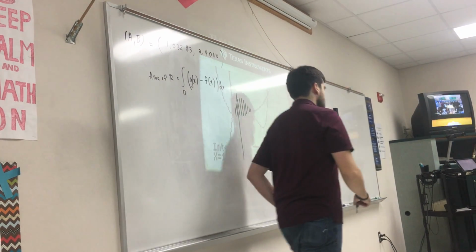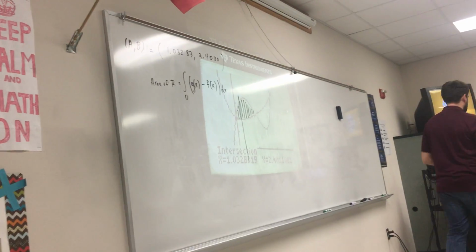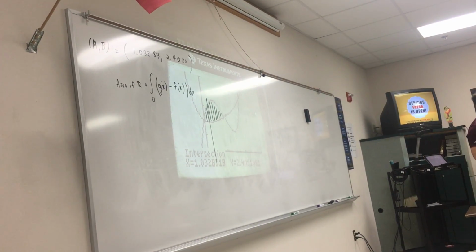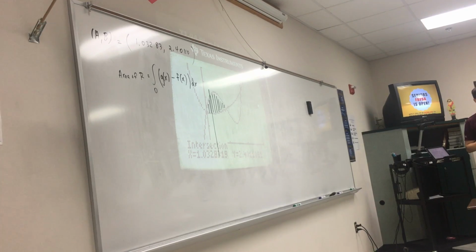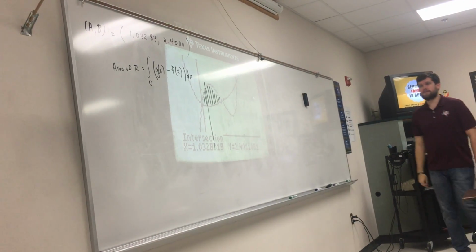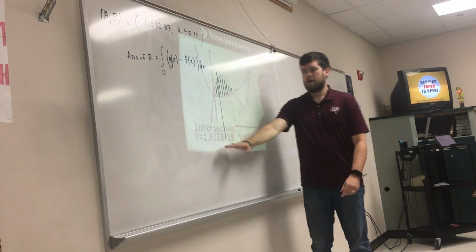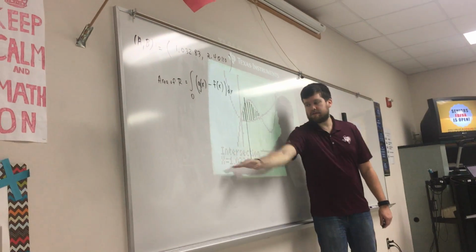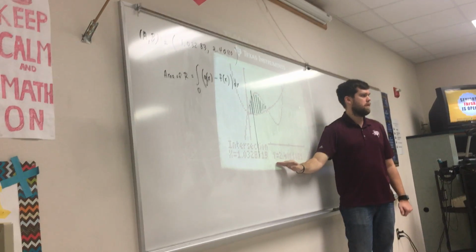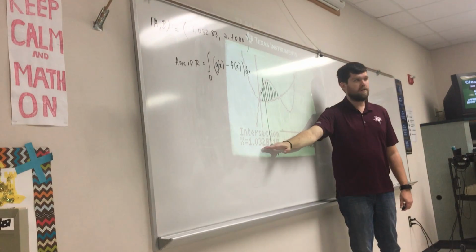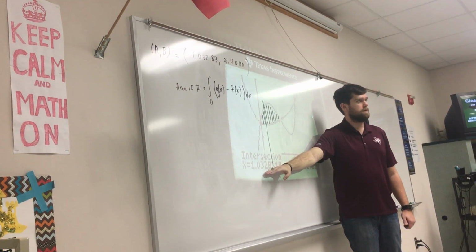Now, here's the important part. Hopefully you haven't hit any more buttons on your calculator and your screen still looks like mine. Your calculator is going to temporarily store these values in x and in y. What we want to do is store them in our calculator into something else.